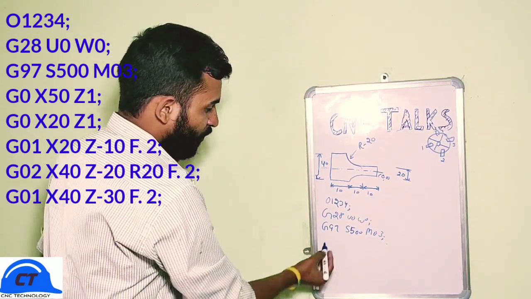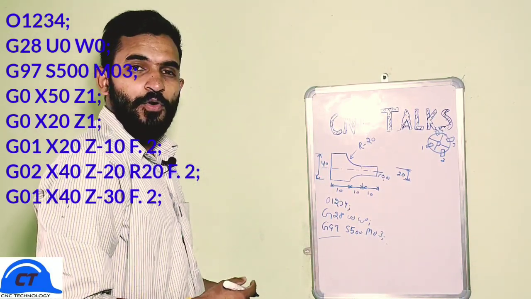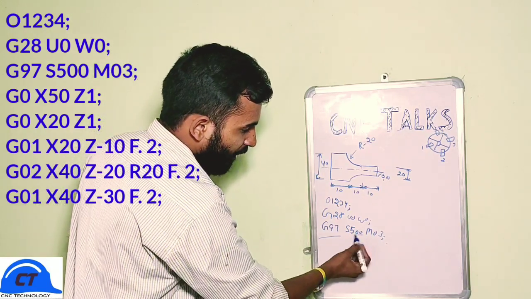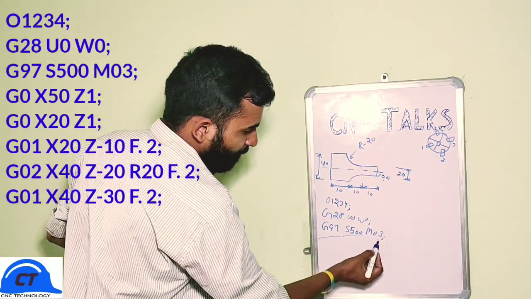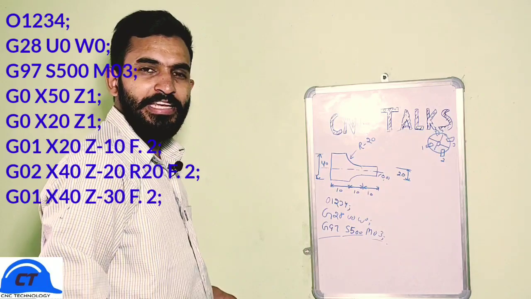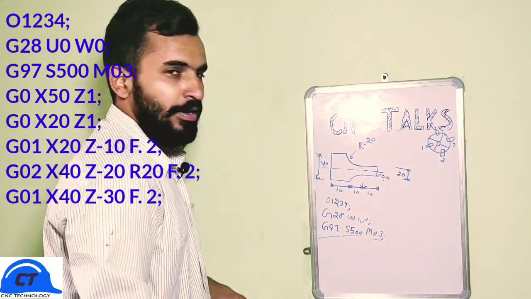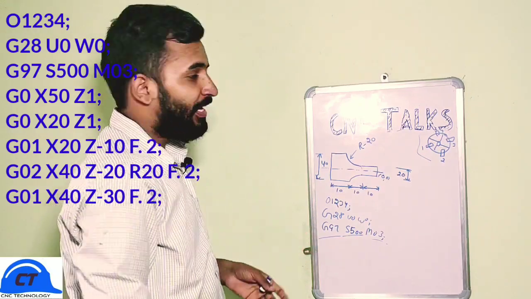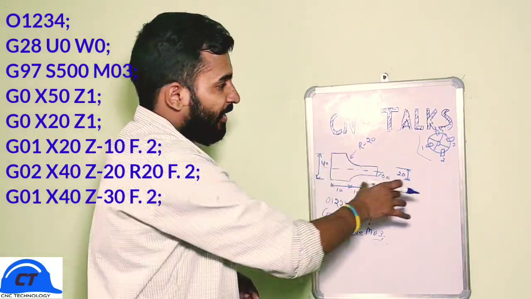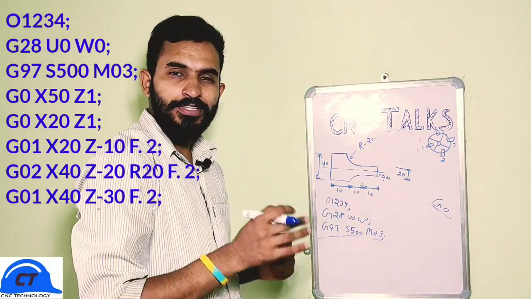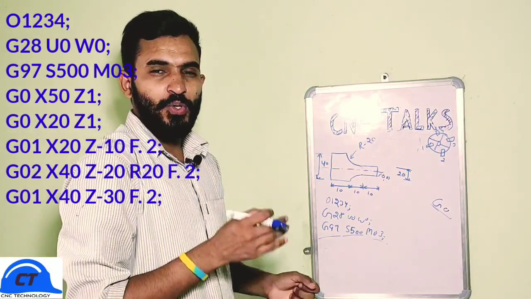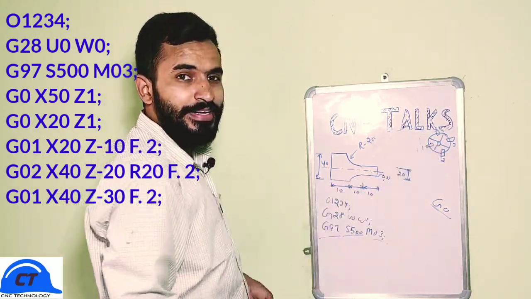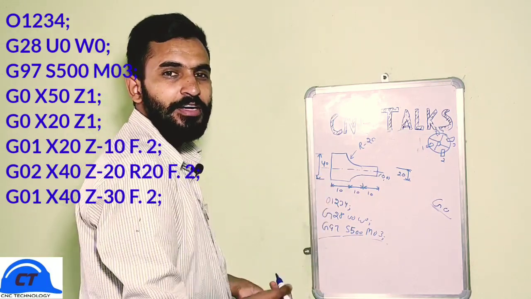As we all know, we'll use G97 for constant RPM of 500 and M03 to start the spindle in clockwise direction. So since our tool is in tool turret and there is a huge gap between our workpiece and our tool, now the first thing we need to do is to call our tool from our tool turret to anywhere near the workpiece.